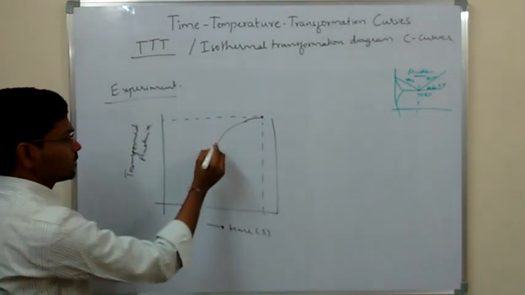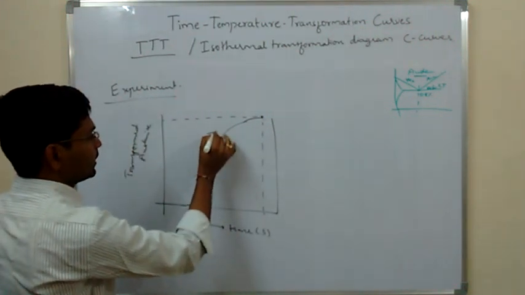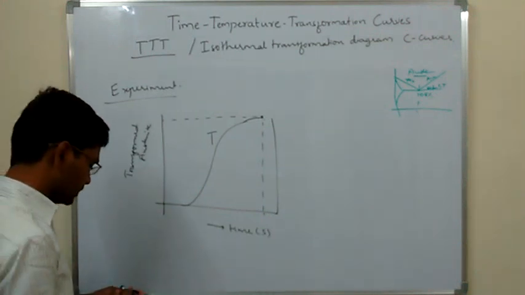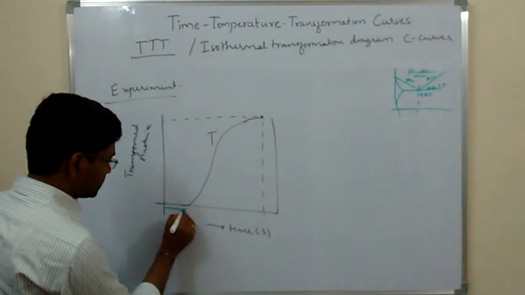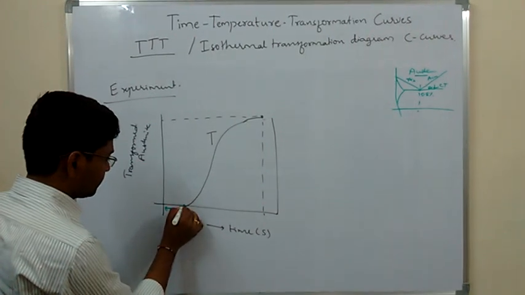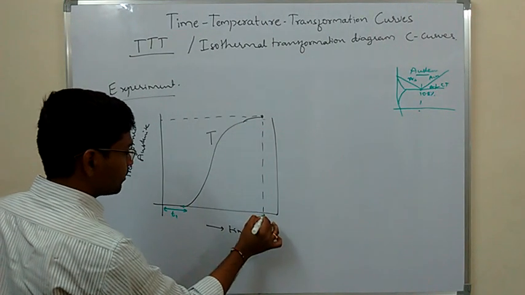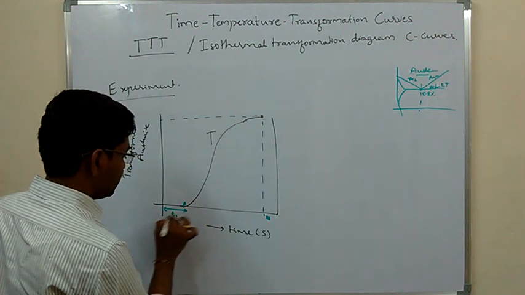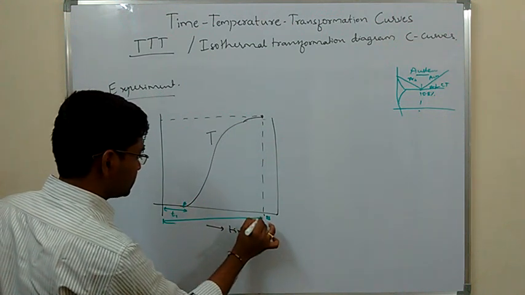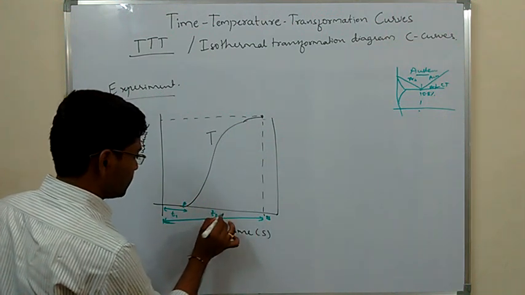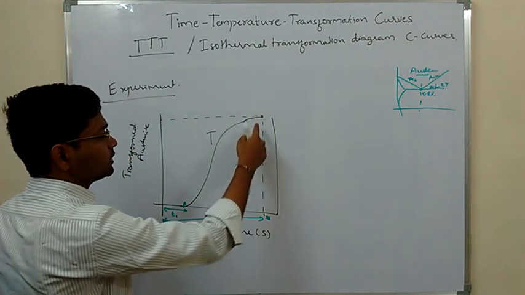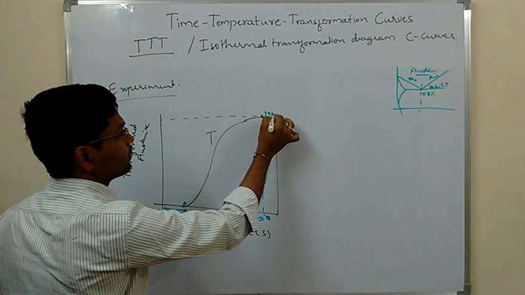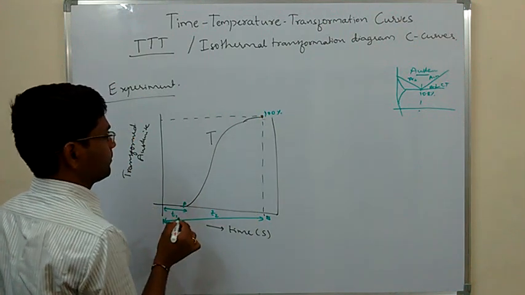This is the transformation curve at constant transformation temperature T, and here this time is the T1 time, and here this point B A. So this time is T2. It has taken T2 seconds of time to get 100% of perlite.